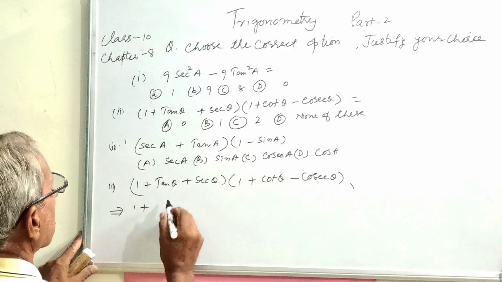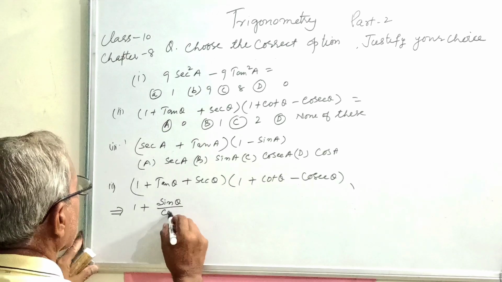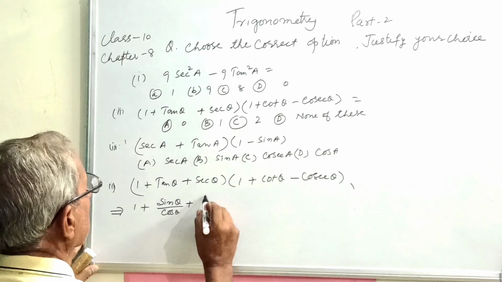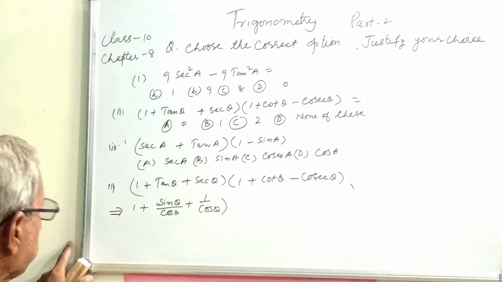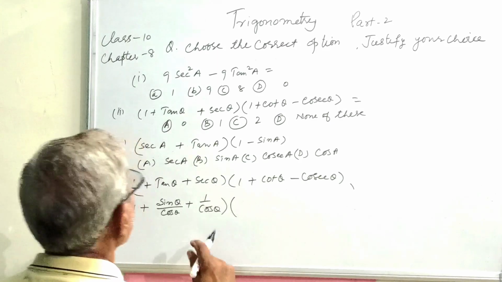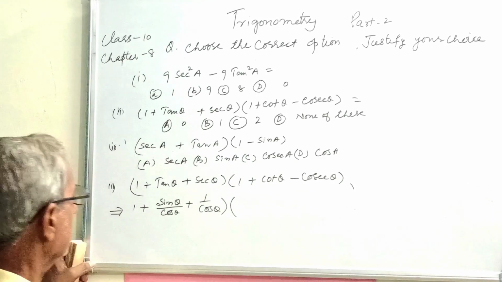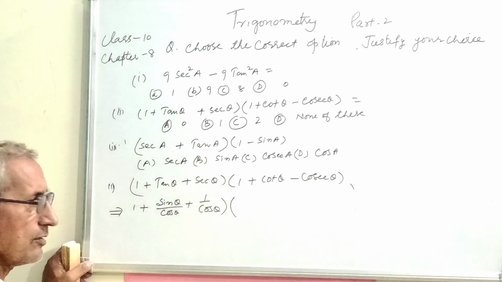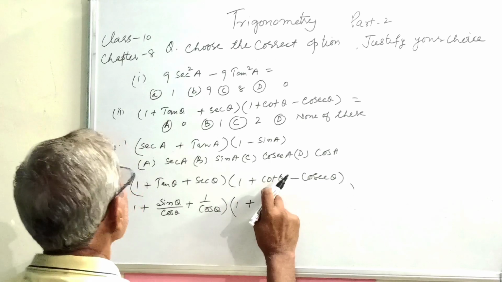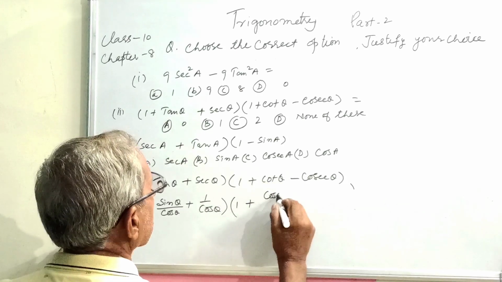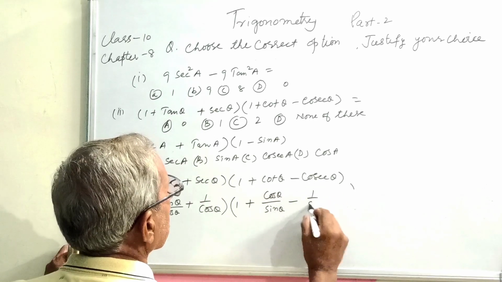So 1 plus tangent, in place of tangent we will write sin theta upon cos theta, and secant is 1 upon cos theta, because secant is a reciprocal of cos and tangent is sin upon cos. So 1, cot is cos theta upon sin theta, minus 1 upon sin theta.